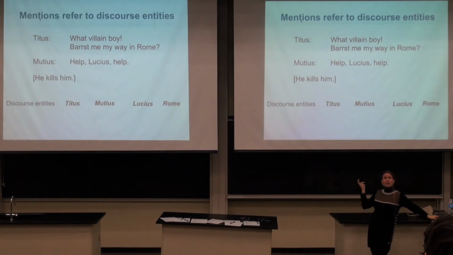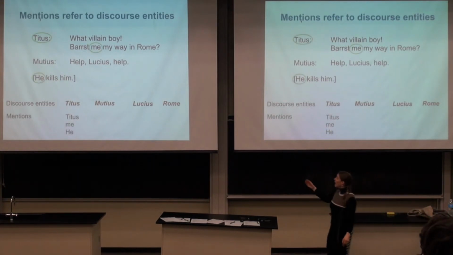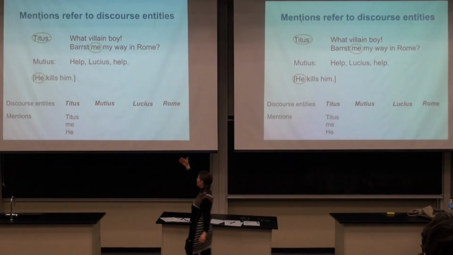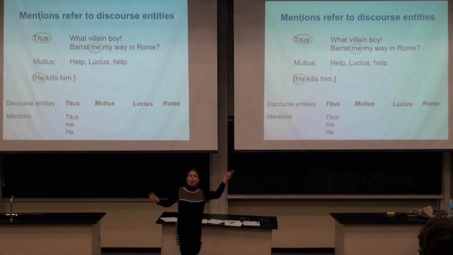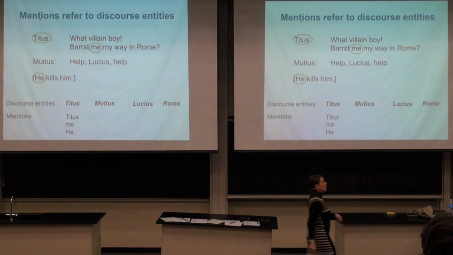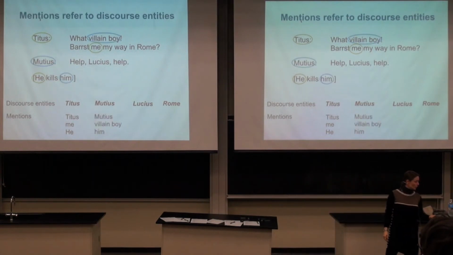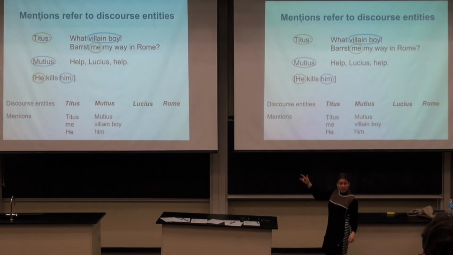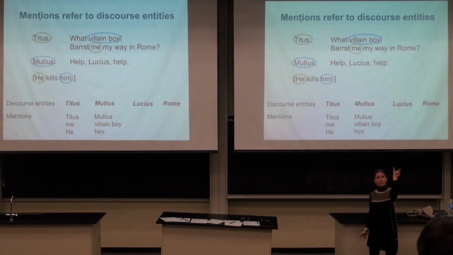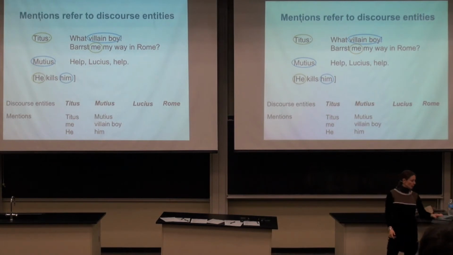All of these entities are mentioned in the discourse, maybe with different noun phrases. So we have Titus here, who is referred to as Titus, me, and he. All of those corefer. We have Lucius, villain boy, and him. All of those noun phrases talk about the same entity.